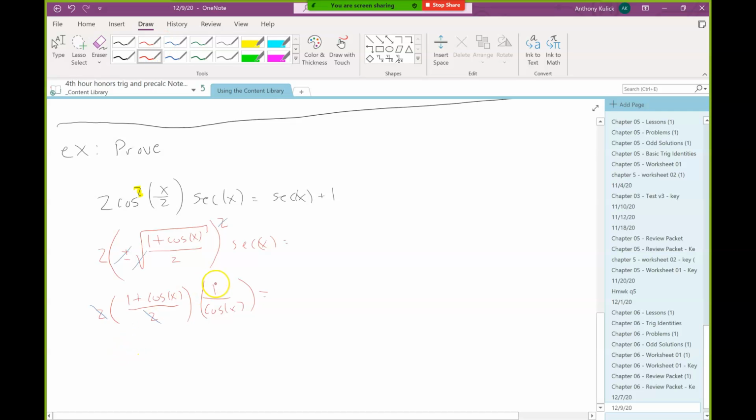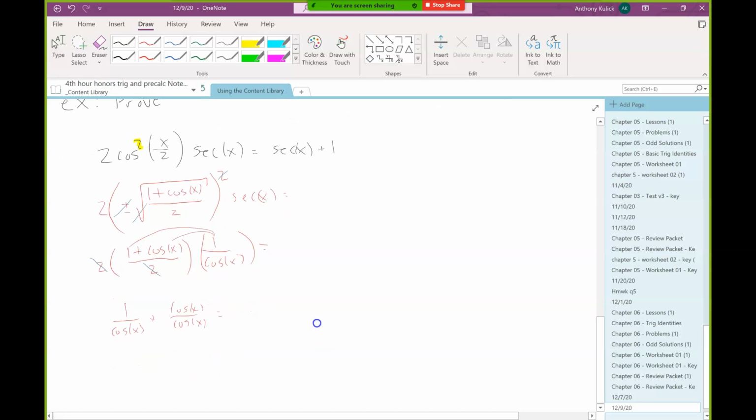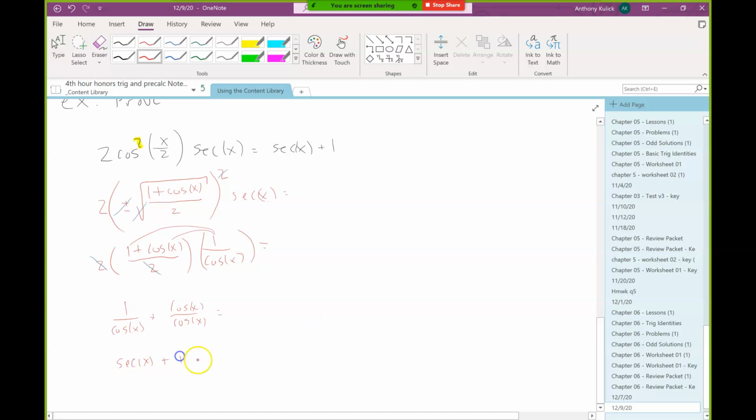So I can now distribute this 1 over cosine to give me 1 over cosine plus cosine over cosine. And so I just have secant plus 1, which is what we're looking for, which is pretty sweet.